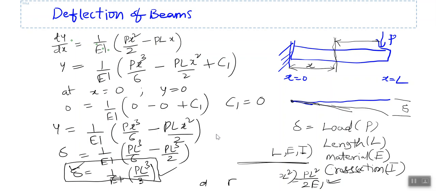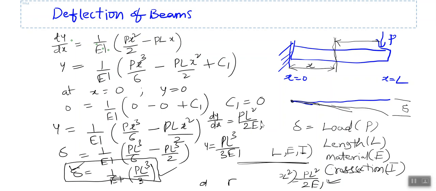So the final equations we can remember like this: the maximum deflection y or delta is given by PL³/3EI, and the slope dy/dx at the end is PL²/2EI, P into L² by 2EI.